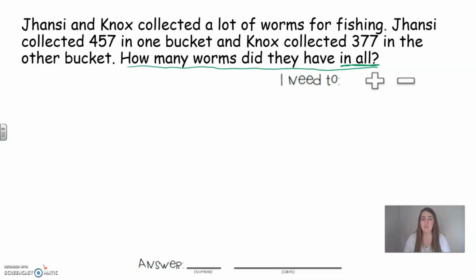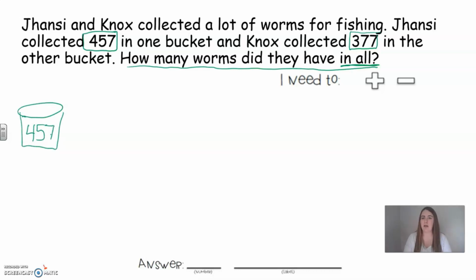So now that we've read our problem, we're going to go back through and we need to find the information. We need to pull apart our problem. So we know that Johnsy collected 457 in one bucket, and Knox collected 377 in the other bucket. I'm going to do the same thing that I did earlier this week. I'm going to box in my important information, and then I'm going to draw a picture because that helps me make sense of it.